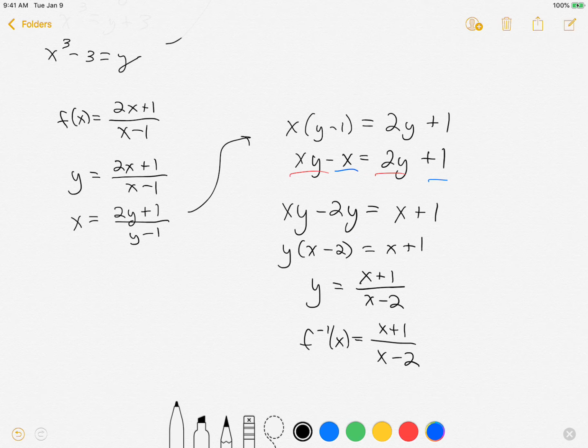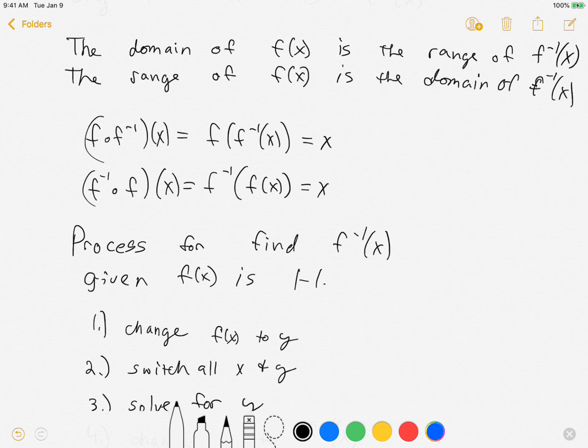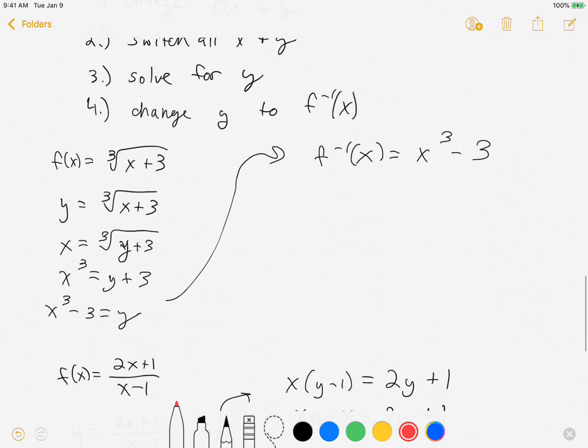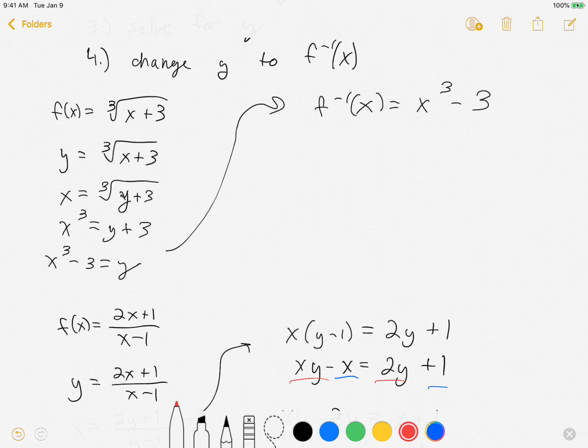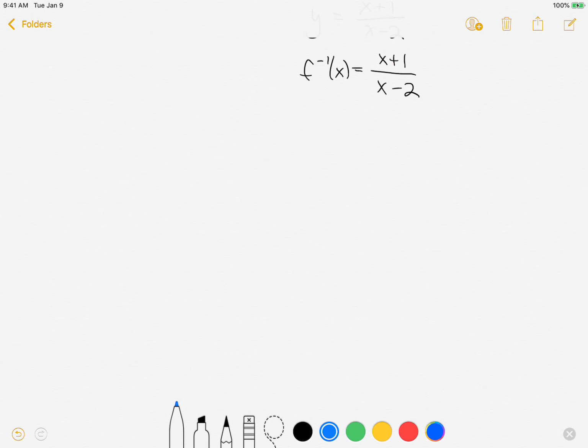Okay? Now, let's go back up here and look at this rule right here. I'm going to use this example here, that f of x and that inverse. Let me bring them down.